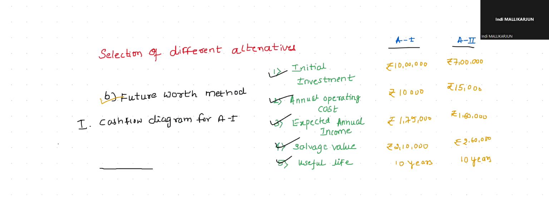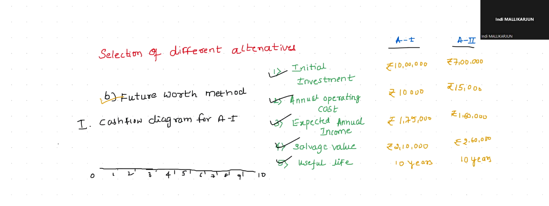Here the given number of periods is how much? 10 years, from year 0 to the 10th year. Here first year, second year, third year, fourth, fifth, sixth, seventh, eighth, ninth, as well as the 10th year.